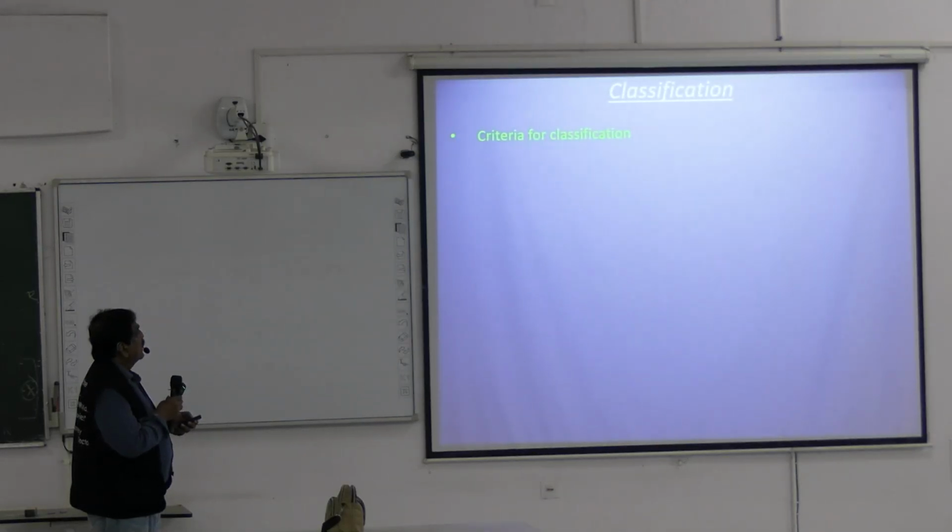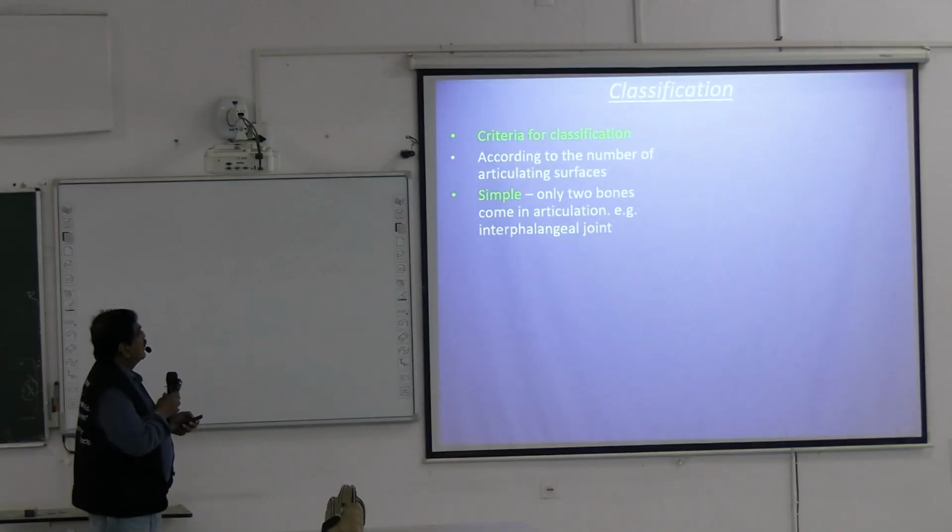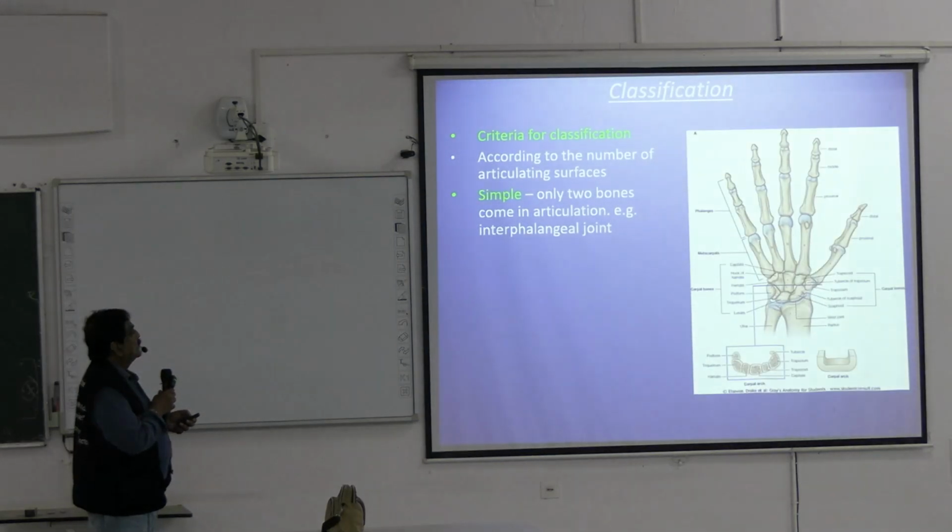Now, classification. Criteria for classification: according to the number of articulating surfaces. Simple: only two bones come in articulation, example, interphalangeal joint.